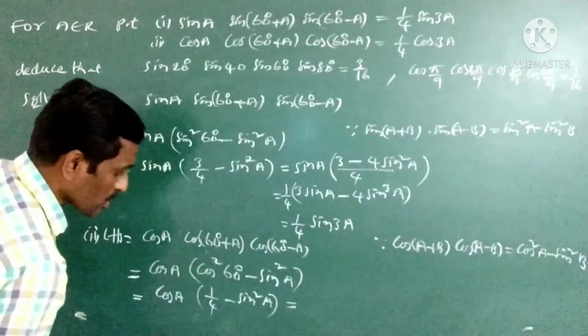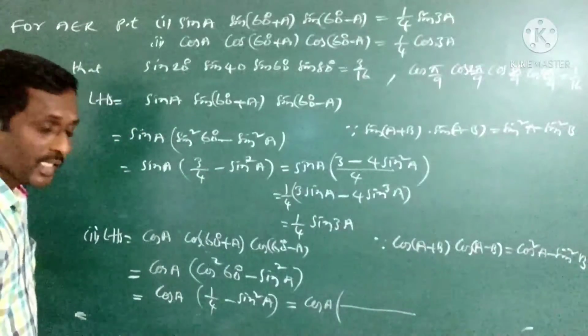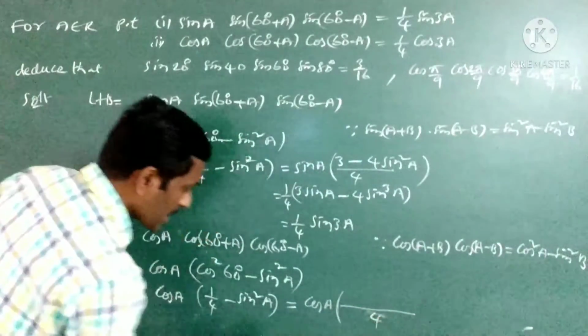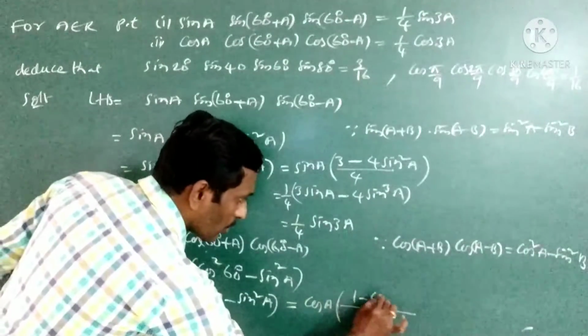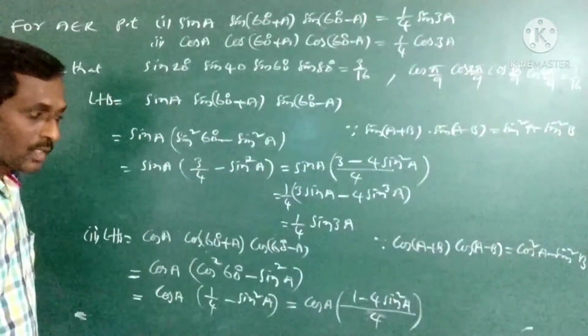This is equal to cos A into LCM taken with the value 4, and after taking LCM, the numerator is 1 minus 4 sin square A.